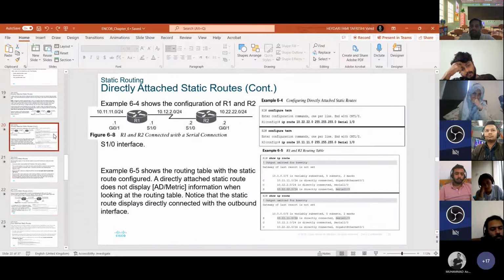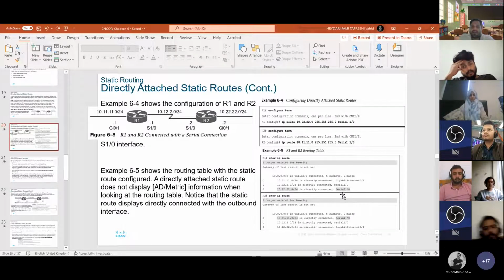Why? If you remember with directly attached static routes, I told you that at the end of the day, routers need to do one recursive lookup because they don't know the IP of serial 1/0.